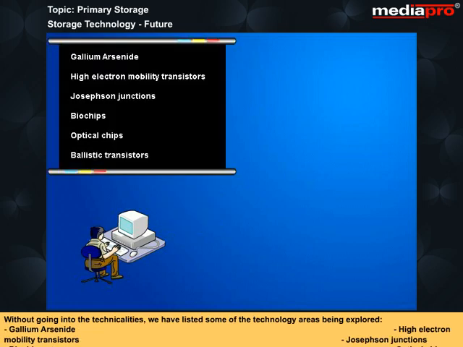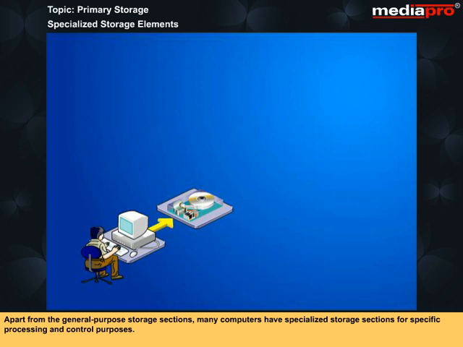Without going into the technicalities, we have listed some of the technology areas being explored: gallium arsenide, high electron mobility transistors, Josephson junctions, biochips, optical chips, ballistic transistors. Apart from the general purpose storage sections, many computers have specialized storage sections for specific processing and control purposes.